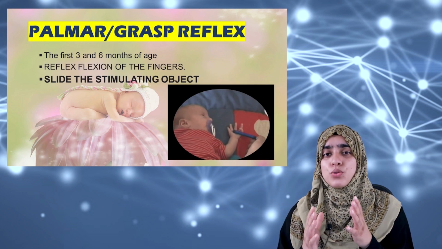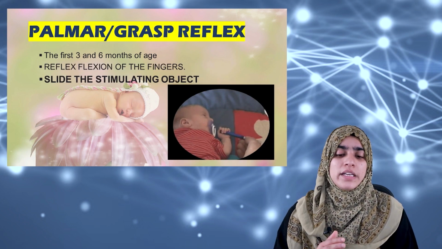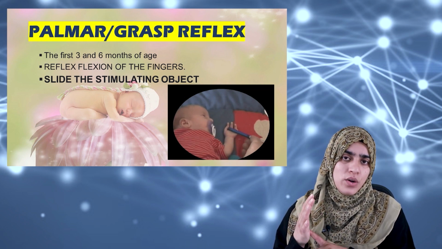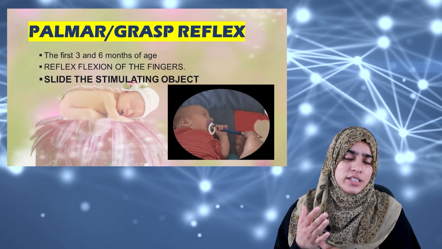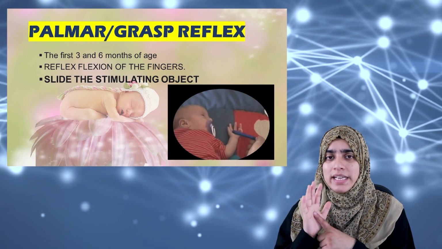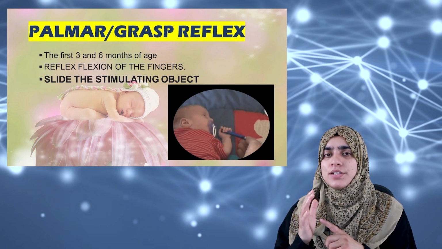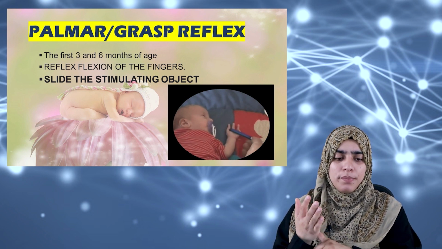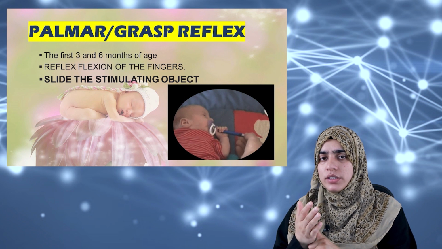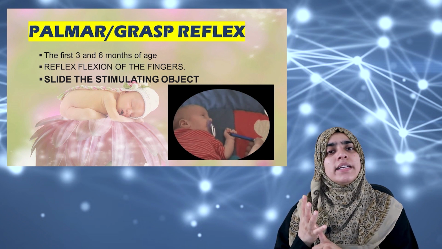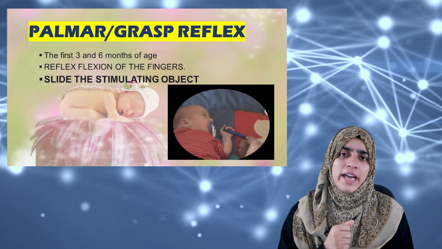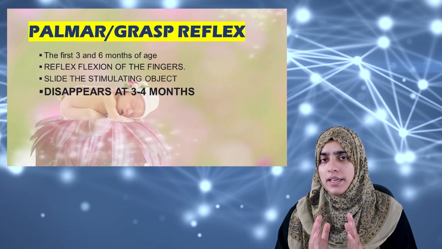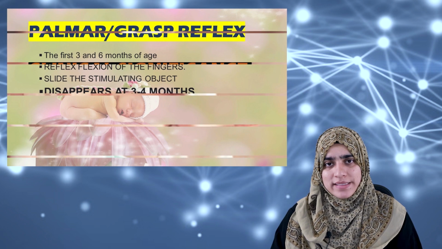The most effective way to check this reflex is by sliding the stimulating object, such as a finger or pencil, over the baby's palm from the lateral border across to the end of the palm. The child will suddenly flex the fingers of the hand. This reflex will disappear by the age of 3 to 4 months.